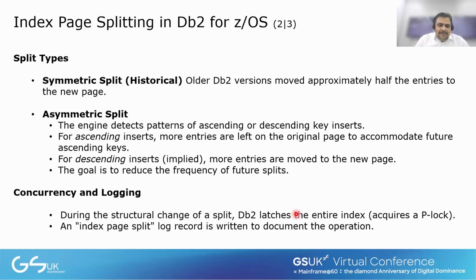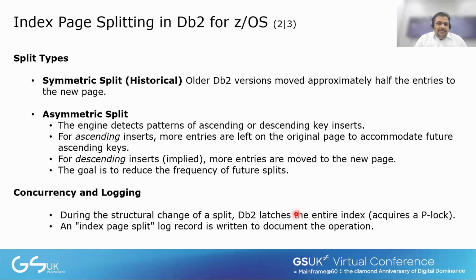So a split happens in two ways. Historically, it used to divide by half, 50-50%. Half the entries remain on the old page, half go to the new page, in terms of the number of keys. Then there is an asymmetric split. What asymmetric split means is the engine detects a pattern, whether the keys are ascending or descending.